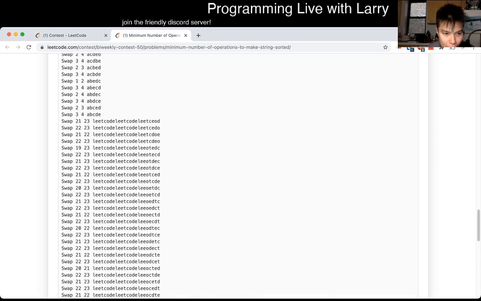Figure out the pattern. So this is sorted. So now that the suffix is sorted, what happens? It goes to the next one, which is 19.